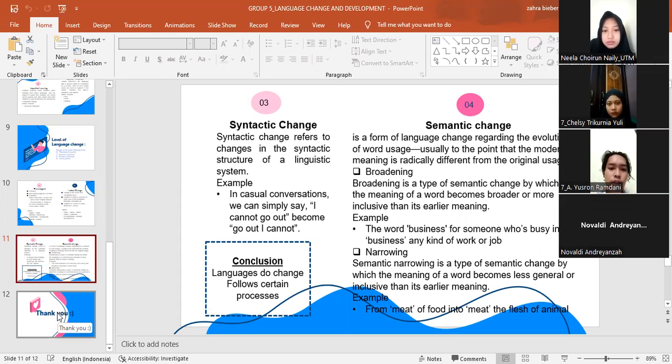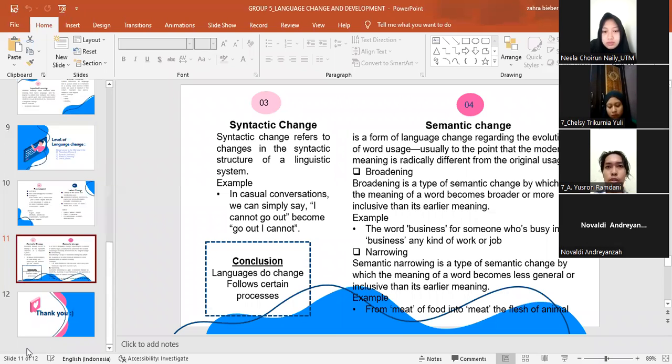Okay, for the semantic change. So basically, semantic change is a form of language change regarding the evolution of word usage, usually to the point that the modern meaning is radically different from the original usage. So it is different from the syntactic.